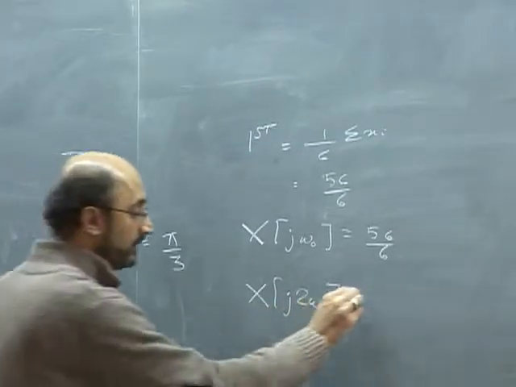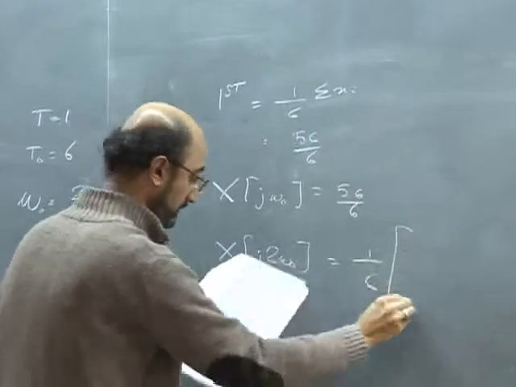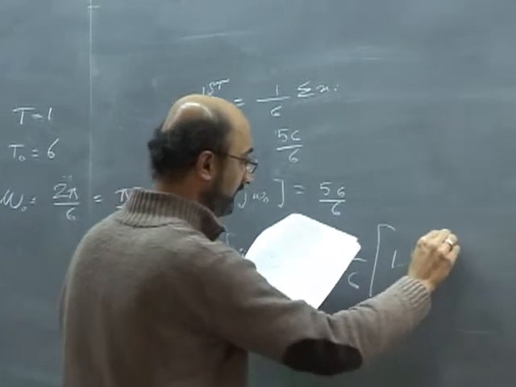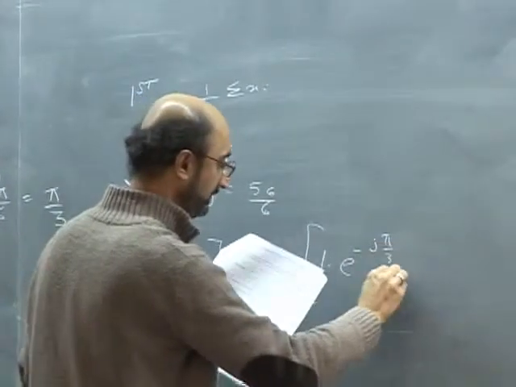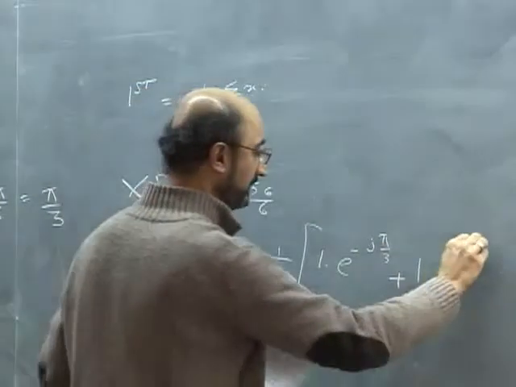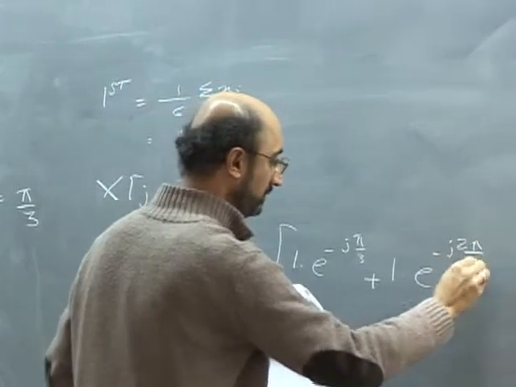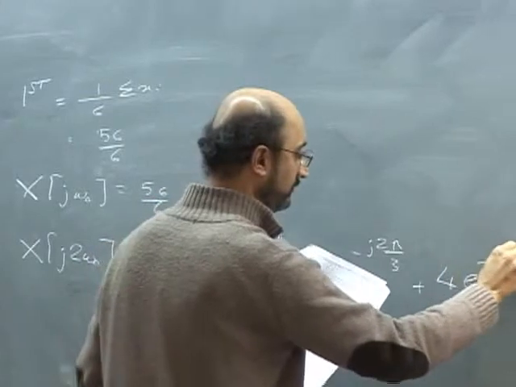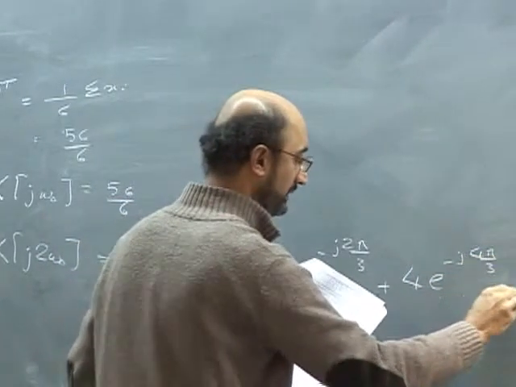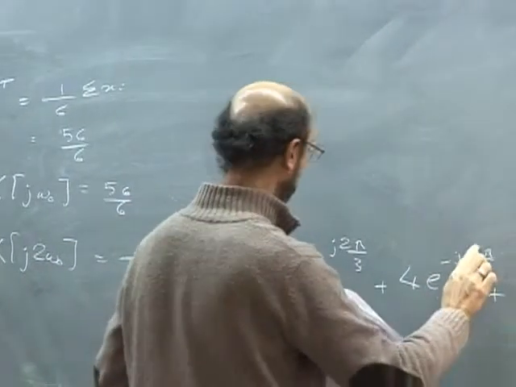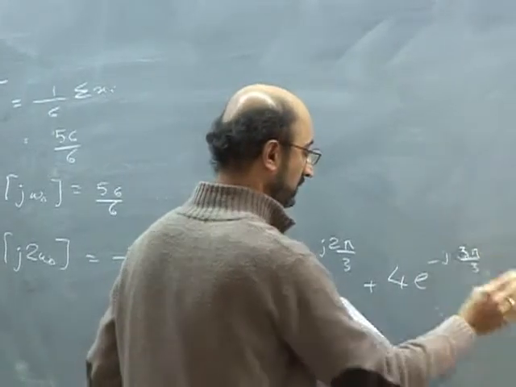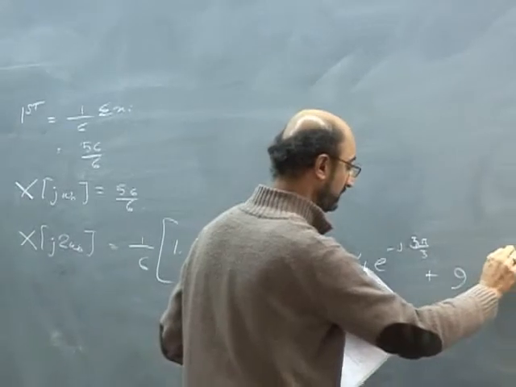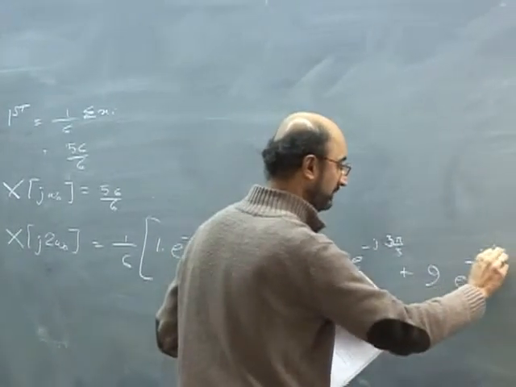And then X of j 2 omega naught, which is the value corresponding to this, is going to be what? 1 over 6, and we have over here 1 times e to the minus j pi by 3 plus 1 e to the minus j 2 pi by 3 plus 4 e to the minus j 3 pi by 3 plus 9 e to the minus j 4 pi by 3.